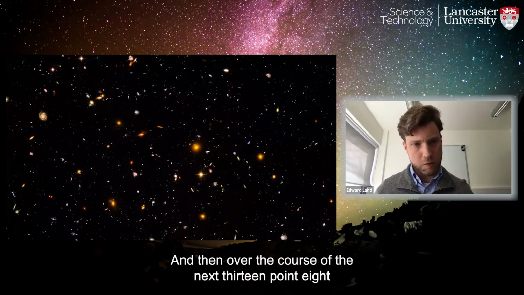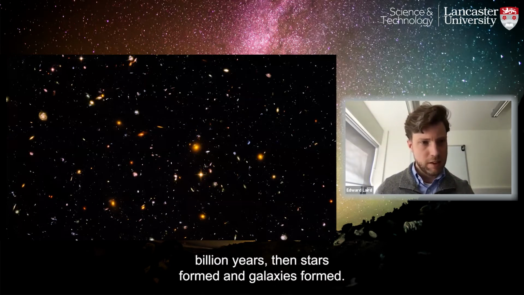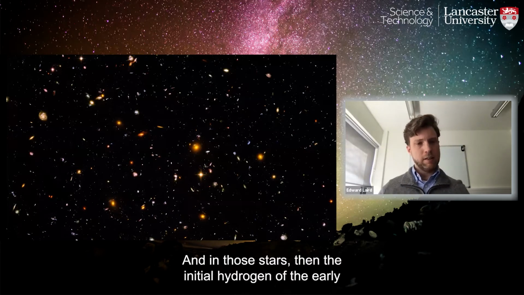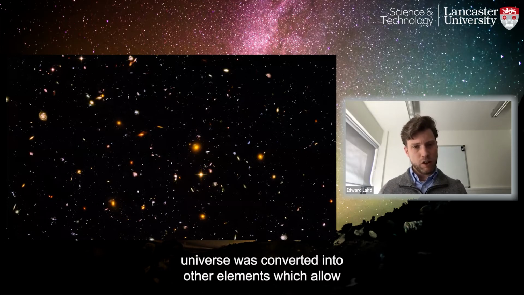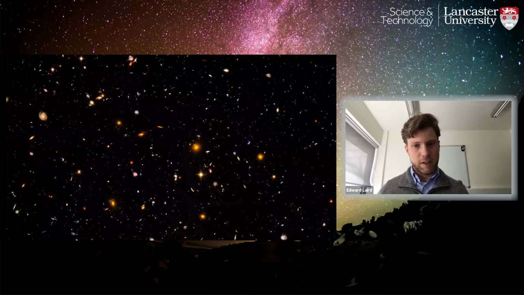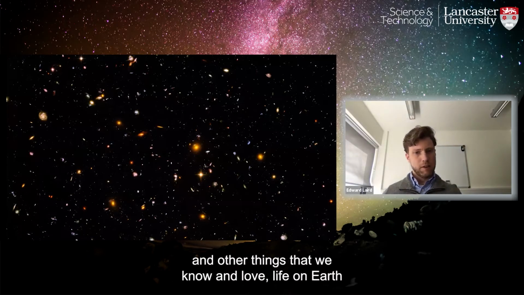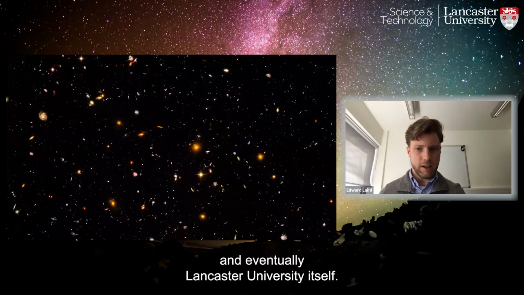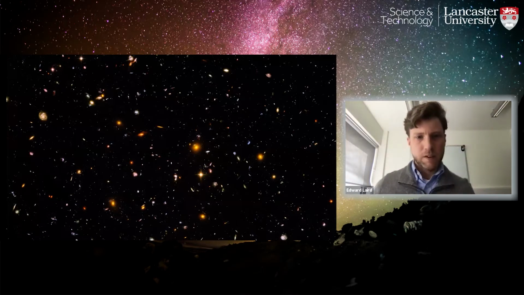Over the course of the next 13.8 billion years, stars formed and galaxies formed. In those stars, the initial hydrogen of the early universe was converted into other elements, which allowed chemistry, and therefore the formation of our planet Earth and other things that we know and love, life on Earth, and eventually Lancaster University itself. So that is the universe.